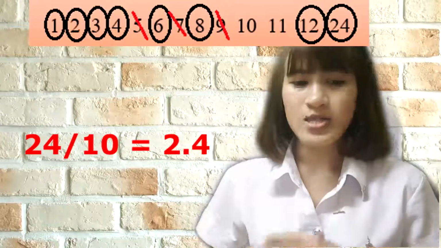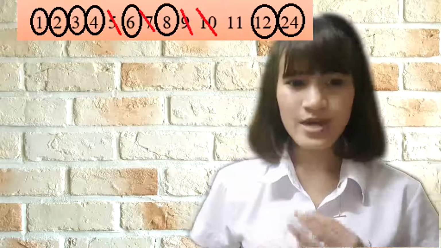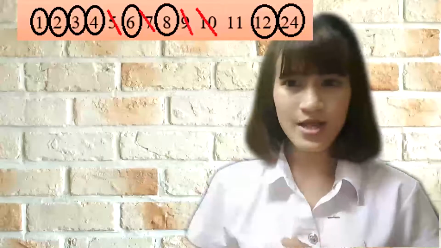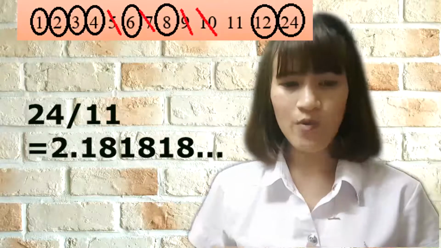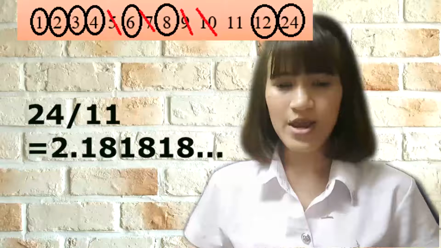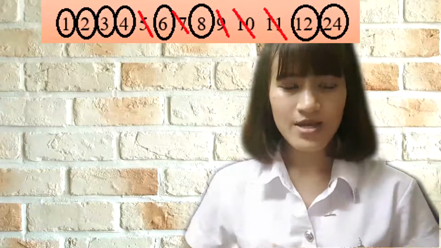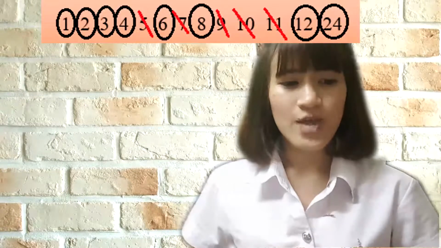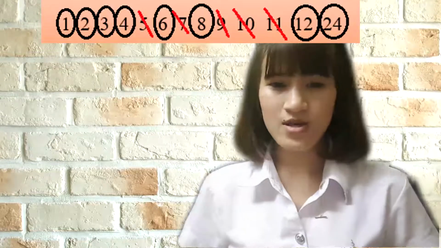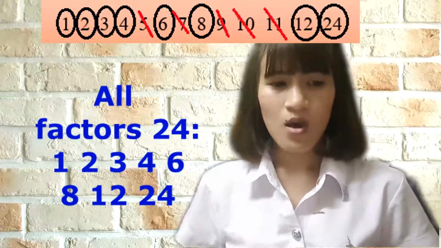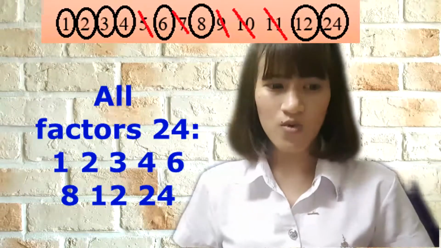No, that's a decimal number, so 10 is not a factor. It looks like the last one we have to try is 11. 24 divided by 11 equals 2.181818. That's not a factor either. Alright, so we tested all the numbers that we listed. We have found all of its possible factors, and they are 1, 2, 3, 4, 6, 8, 12, and 24.